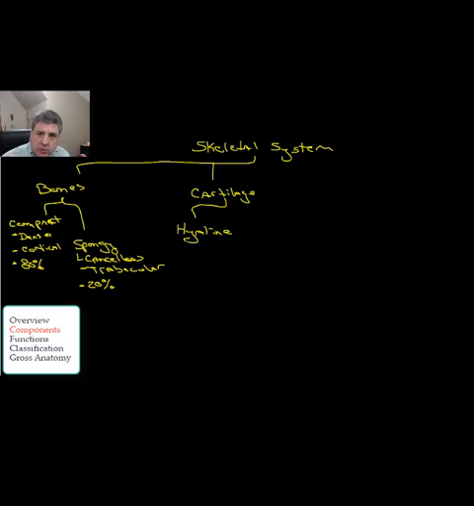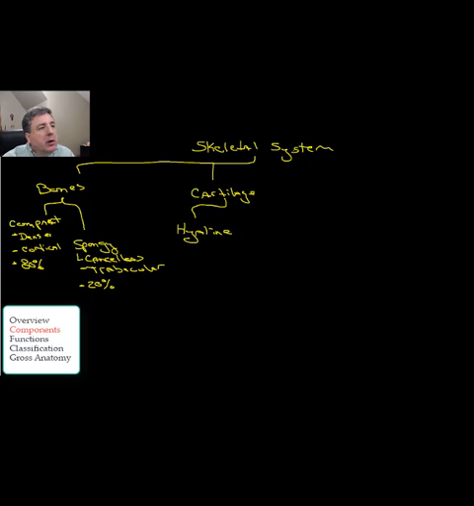So as bones lengthen or grow in length, hyaline cartilage is what you will find there. And hyaline cartilage is also what makes up the developing skeletal system in a fetus. So all of the future bones of a fetus start off essentially as a hyaline cartilage model, and then as the fetus develops, it ossifies and becomes bone as we know it today.